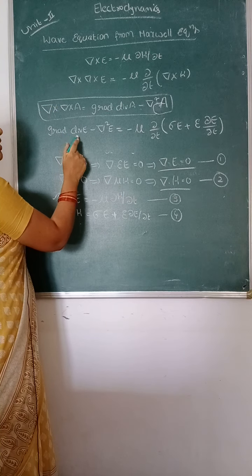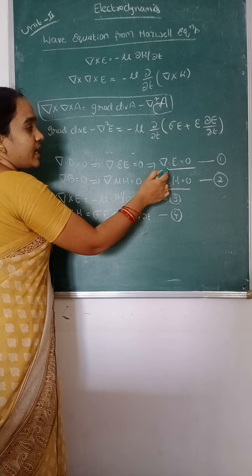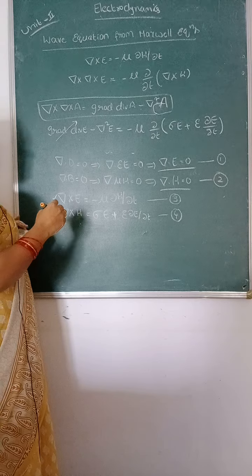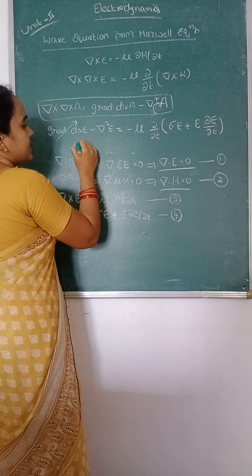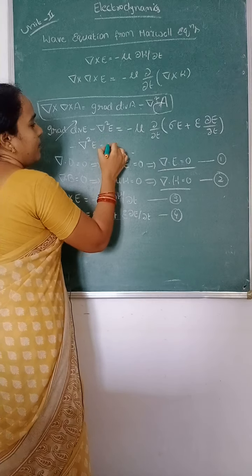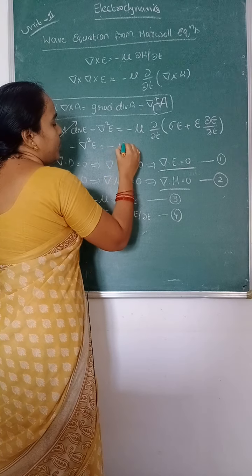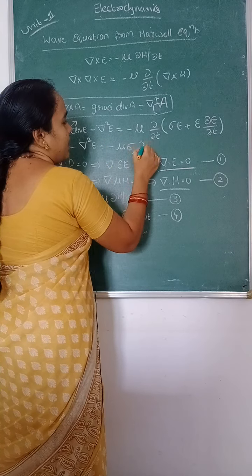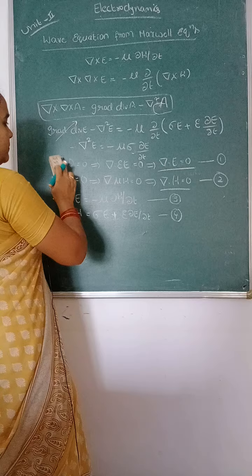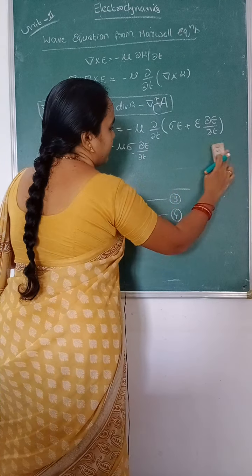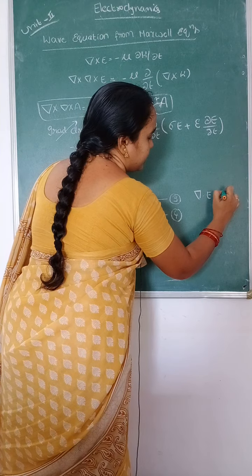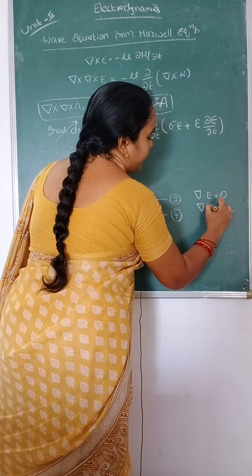Here divergence of E, from the first equation del dot E is equal to 0. That implies this term vanishes. So we get minus del square E is equal to minus mu sigma dou E by dou T. Let us remember these two equations, that is del dot E is equal to 0 and del dot H is equal to 0.